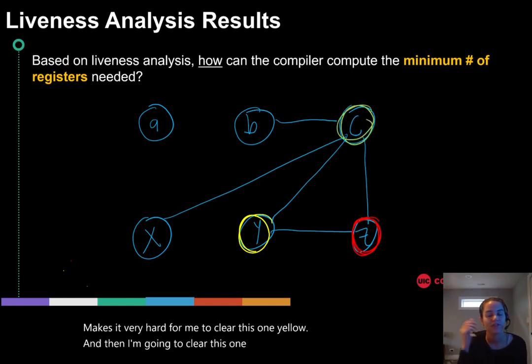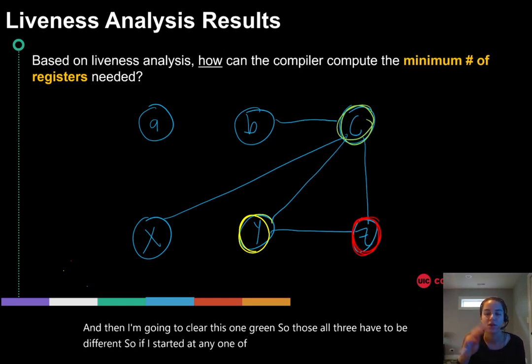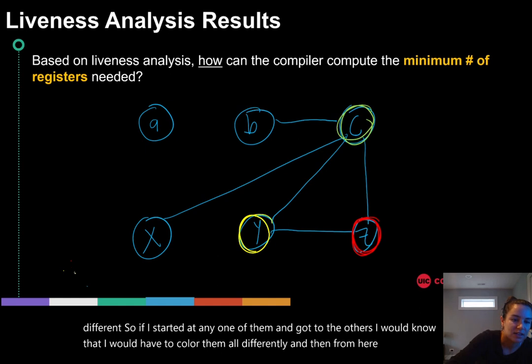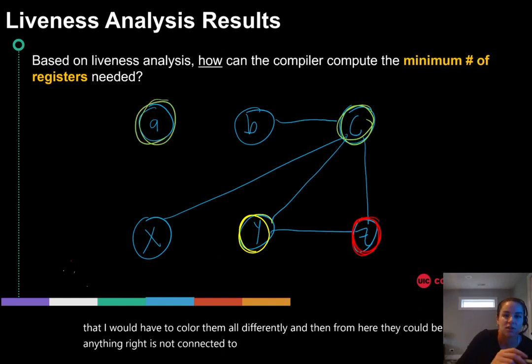So those all 3 have to be different. So if I started at any one of them and got to the others, I would know that I would have to color them all differently. And then from here, A could be anything, right? A is not connected to anything, so I can just make it whatever color I want.